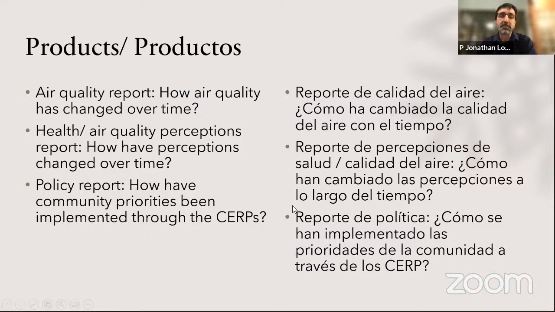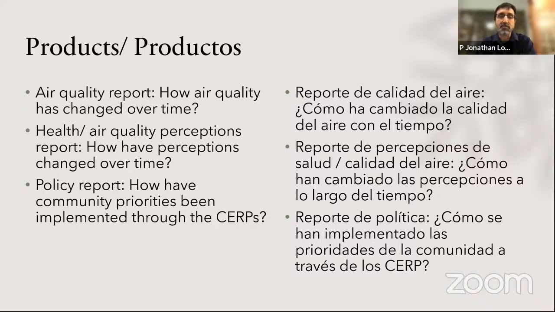What we're looking to do is really provide information, ideally, that will be really helpful for the CSC, for the Air District, and also for CARB to be able to do the work that you're really trying to do to improve air quality and health in your communities. So we want to know how the air quality has changed. There'll be an air quality data report, and we'll talk about that in a little bit.